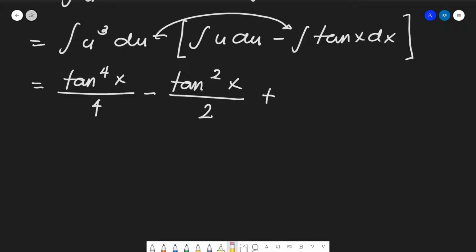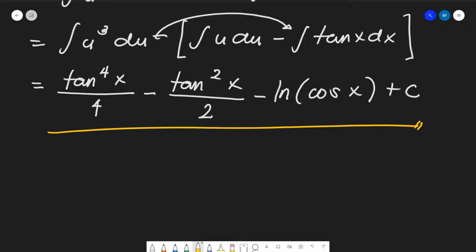So, magma-minus pa rin to. Natural logarithm ng cosine x, kasi yung u natin is x, plus c. Yan. So, that's how you use case number 3. So, ganun siya gamitin.